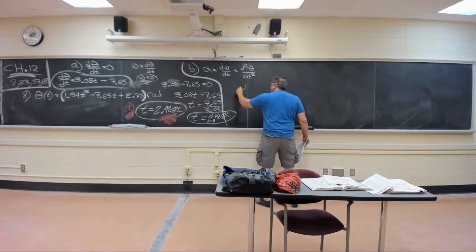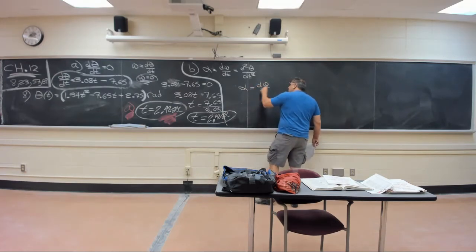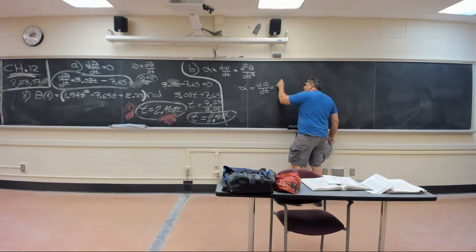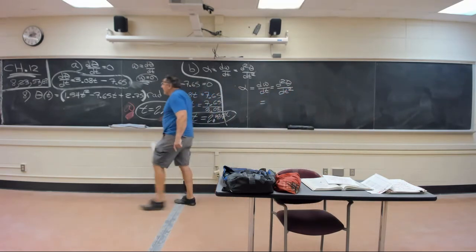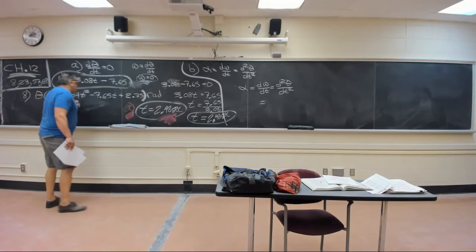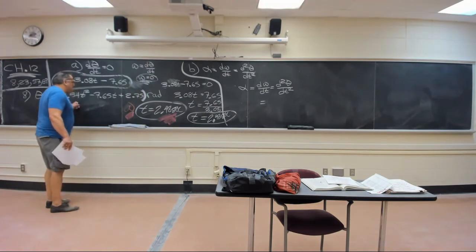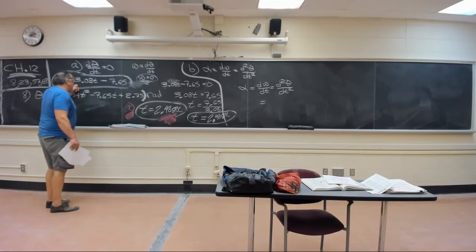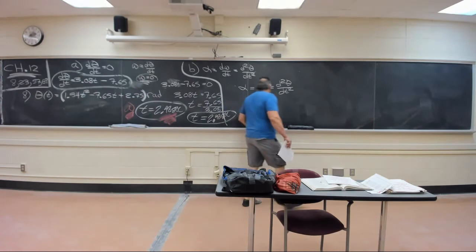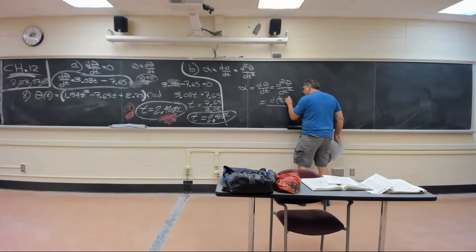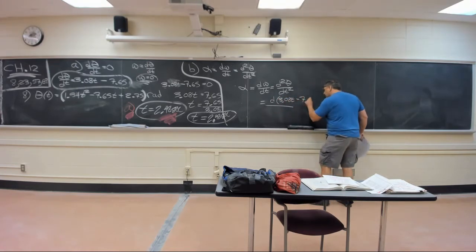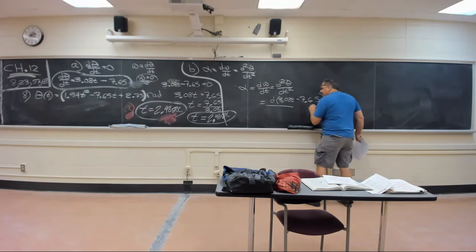For B, alpha is going to be d omega dt, which is the second derivative of the theta function with respect to time. This is the theta function. Take a derivative of this and get that, and then take a derivative of that. When you get the derivative here, you're basically doing the derivative of omega. Omega is this.